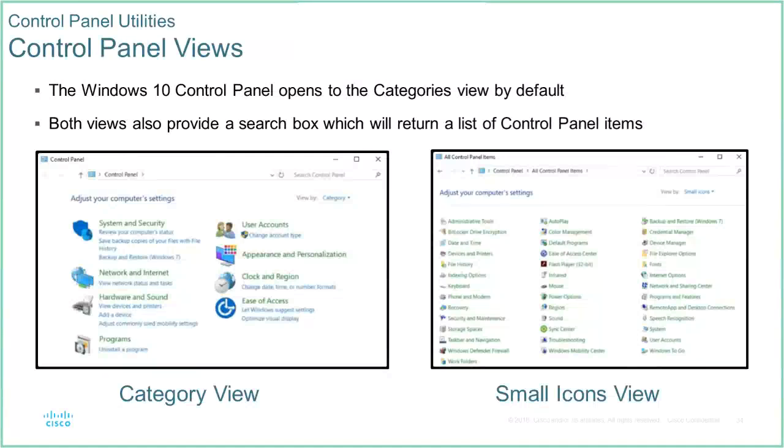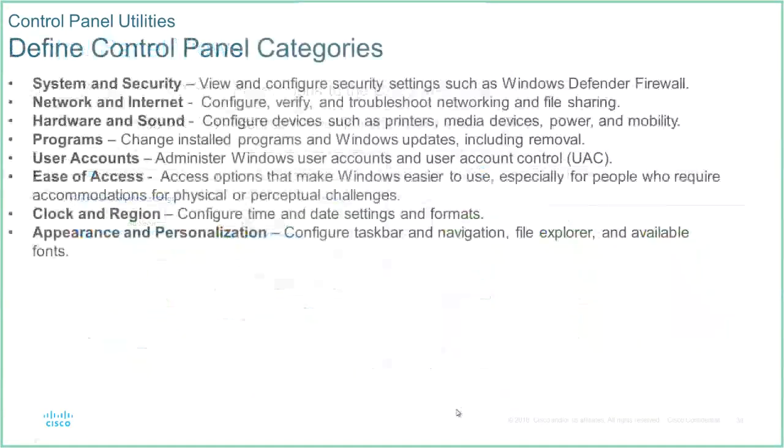The small icon view against the category view, again, comes down to personal choice, and it is adjustable here in the View by. Okay, so up to you. Again, personal preference for me, only because it's legacy. This is what I'm used to seeing, and yeah, I still have lots of bad habits. Okay.